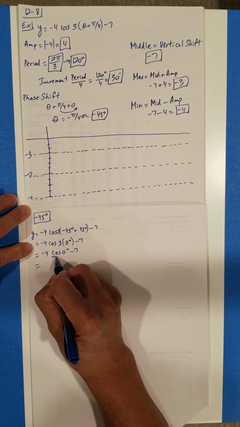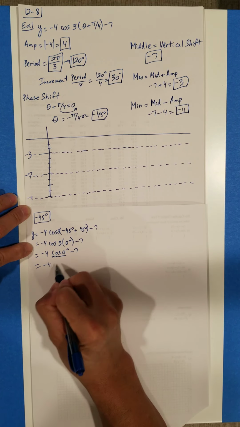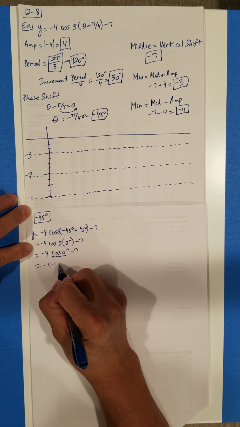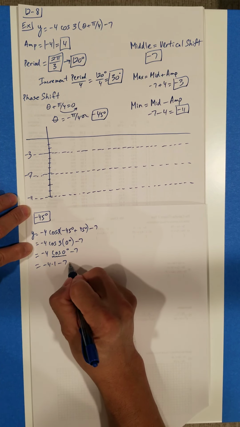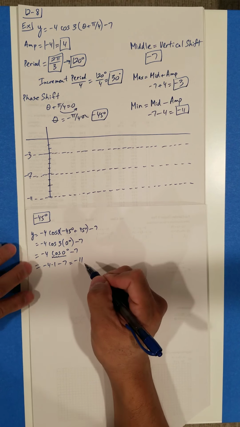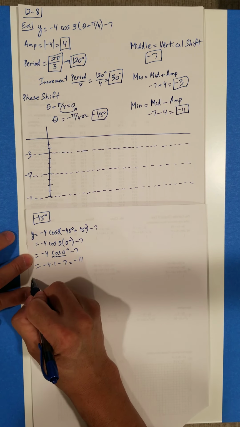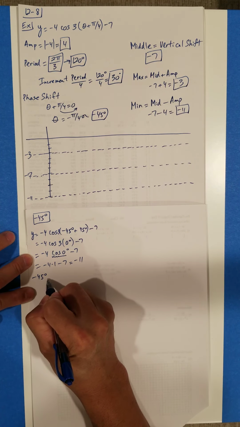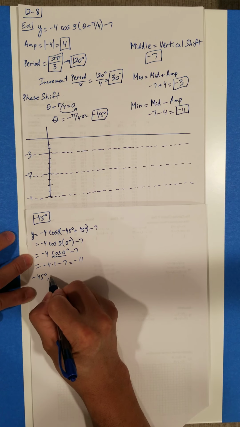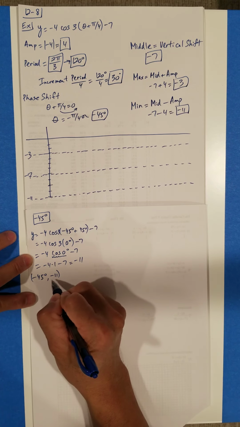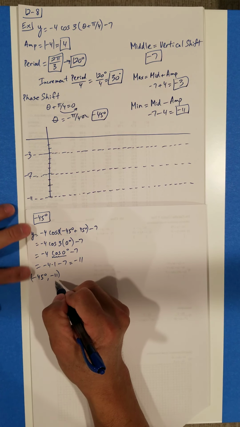So what's the cosine of 0? Cosine 0 is 1. Hopefully you're okay with that. This gives you -11. So I used negative 45 degrees, and my height was negative 11. So that's my point. Negative 45 degrees, negative 11.